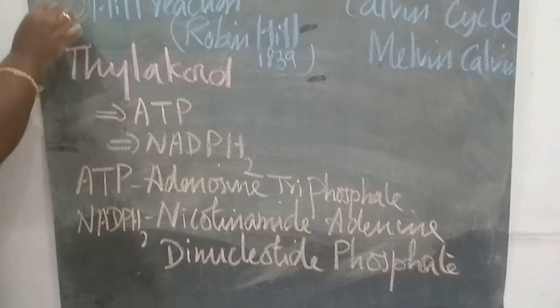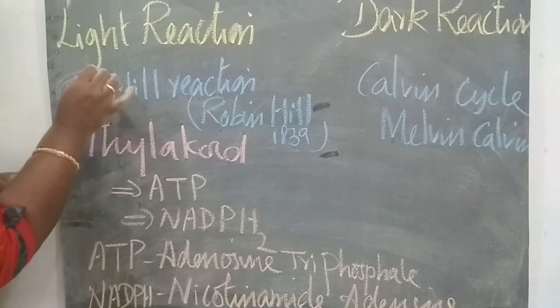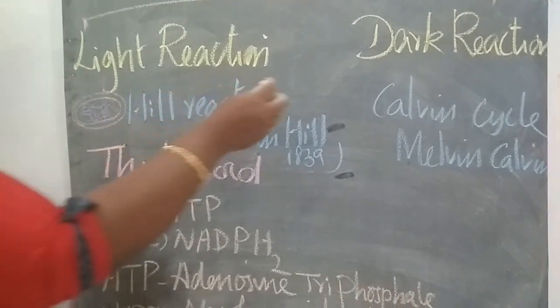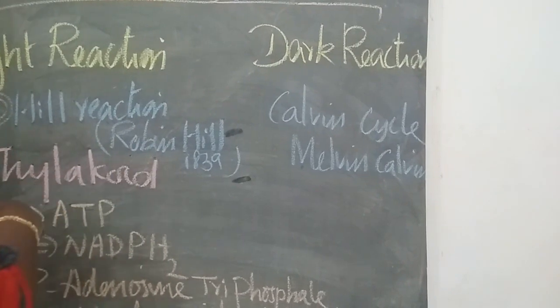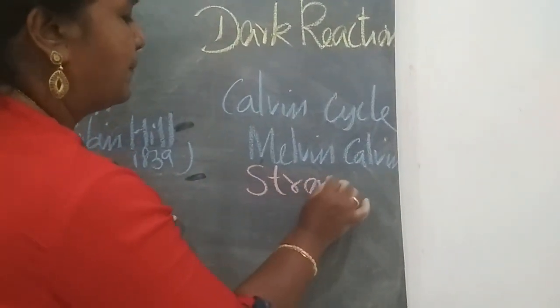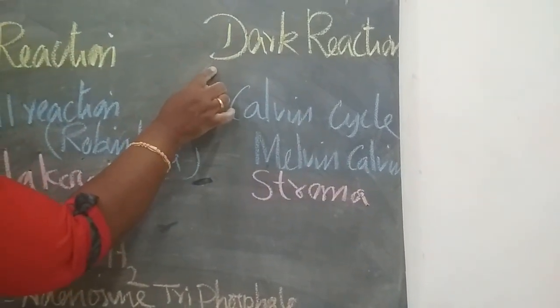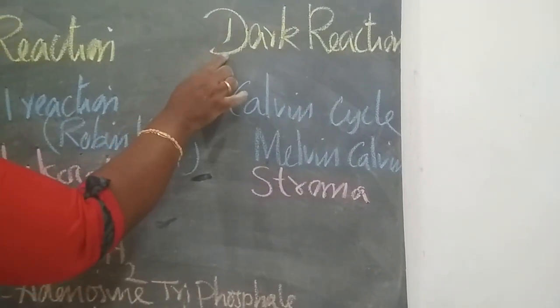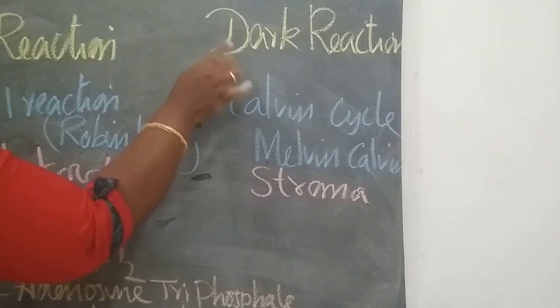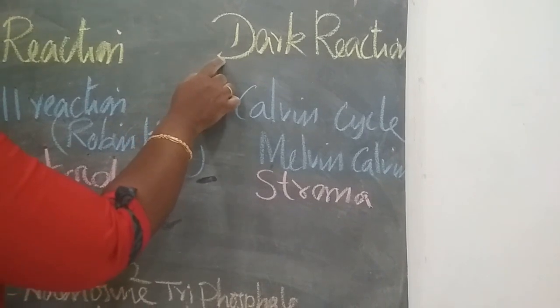Now from this thylakoid, this ATP and NADPH2 enter into the stroma. Coming to the dark reaction, it takes place in the stroma. From the name dark reaction, we come to know that the reaction takes place in the absence of light.